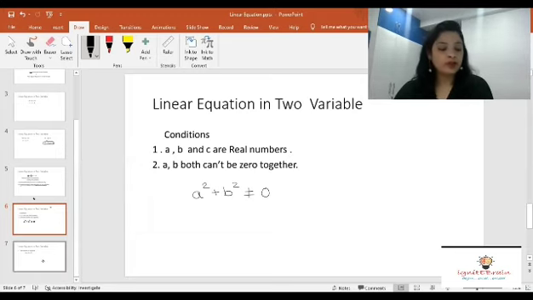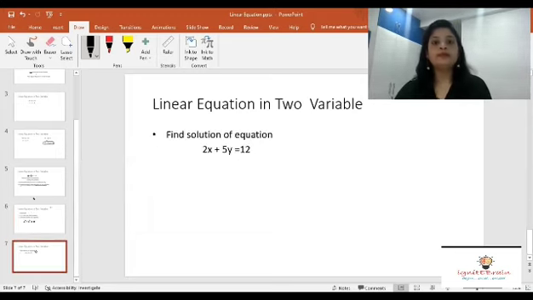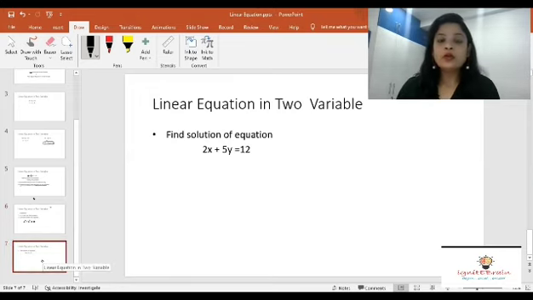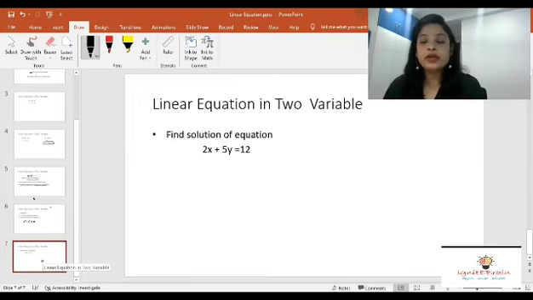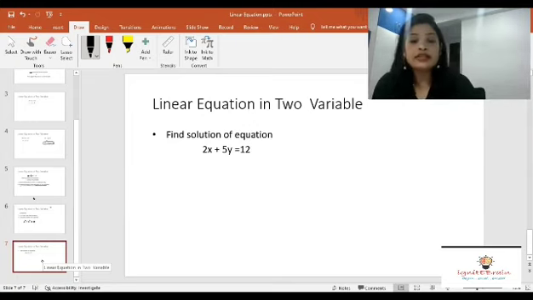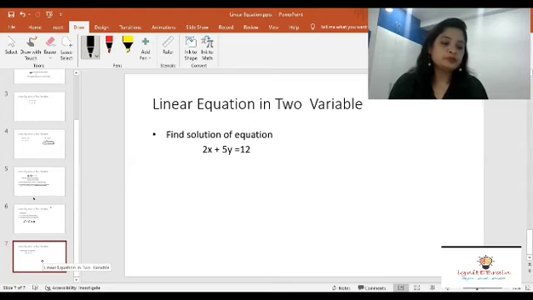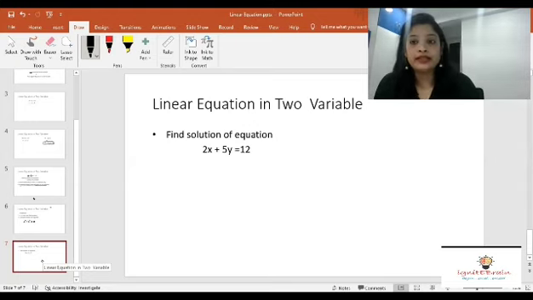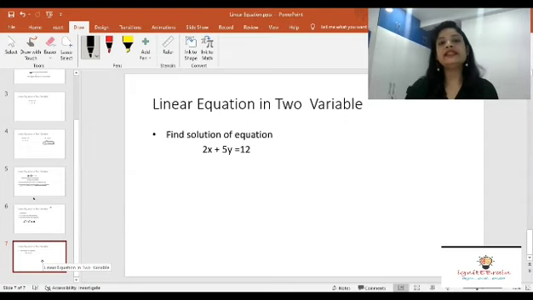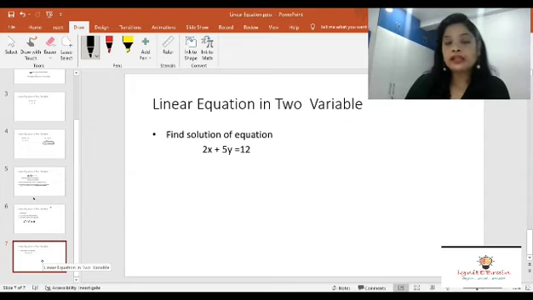Now coming to the next thing. We have an equation in front of us, that is 2x plus 5y is equal to 12. What we have to do here is find the solution of the equation. What do you mean by solution basically? Solution means we have to find the values of x and y.